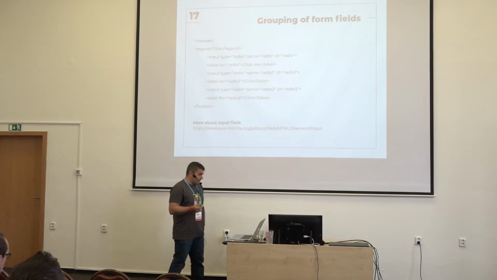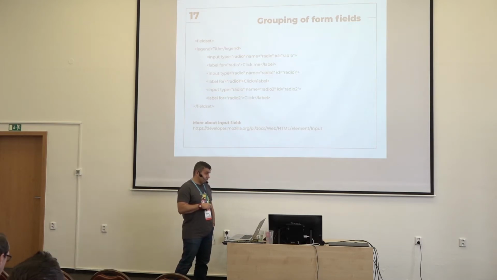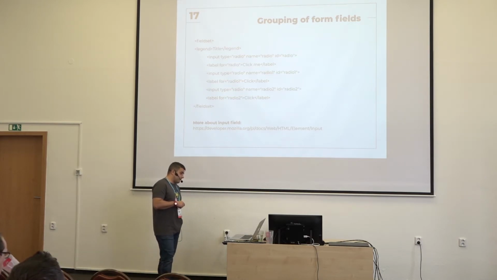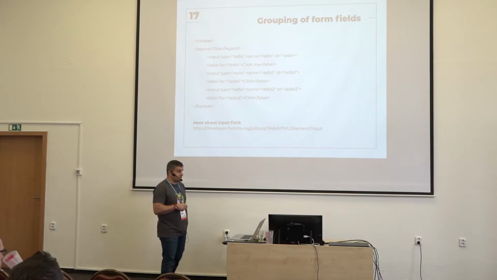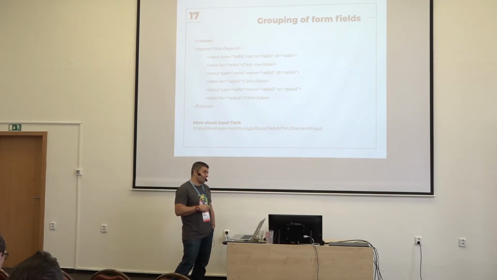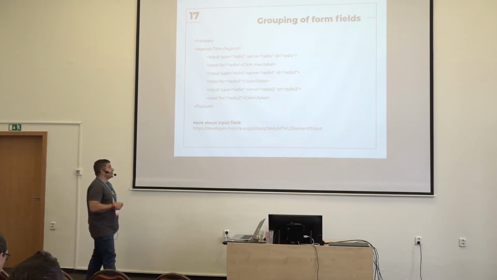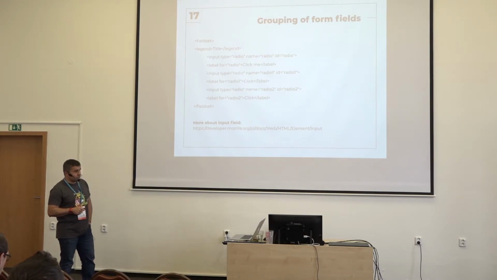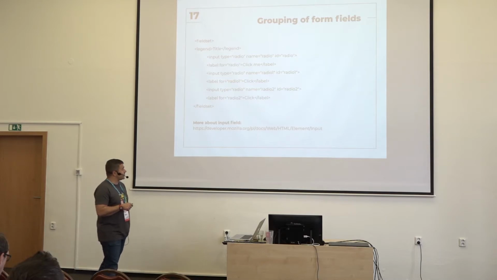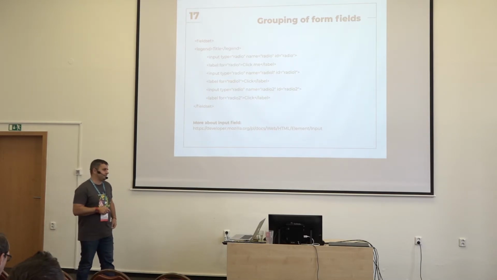We can group our fields for, I think, a better user experience. If you would like more information about the attributes of forms and elements in these forms, you can visit this link to go deeper and deeper.